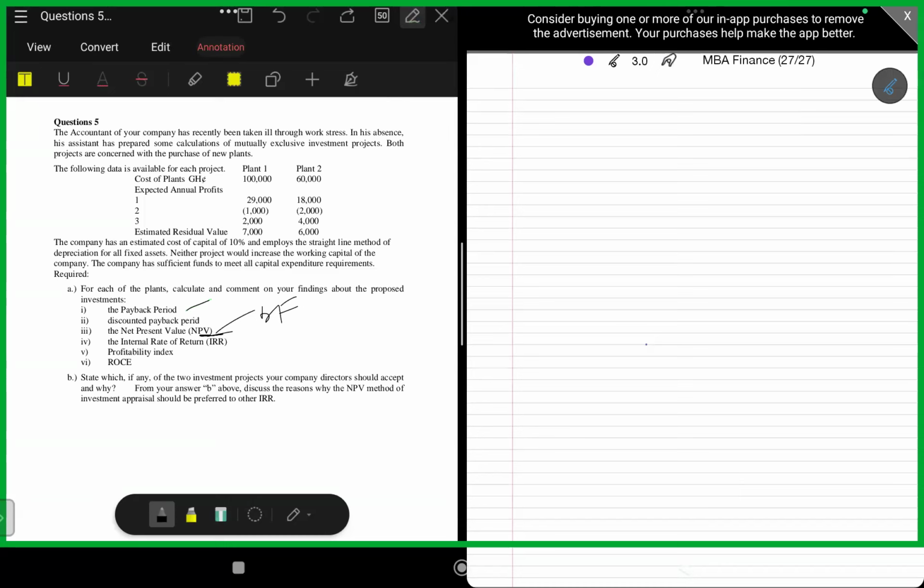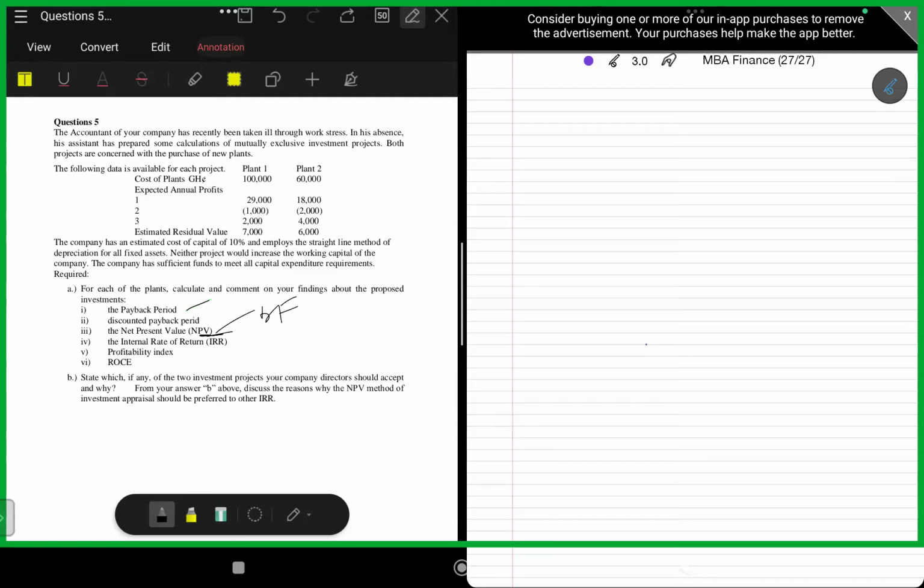Are you good? Yeah. So whenever you hear present value in capital budgeting, it means it's making use of a discount factor.